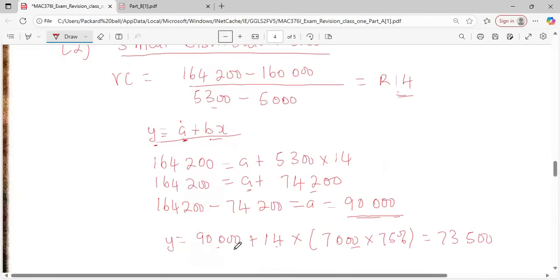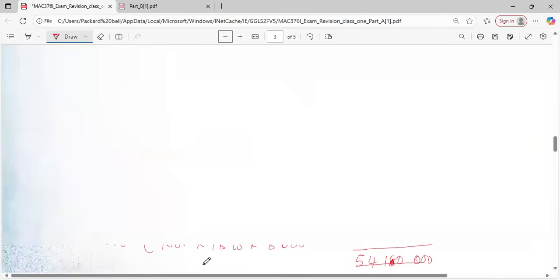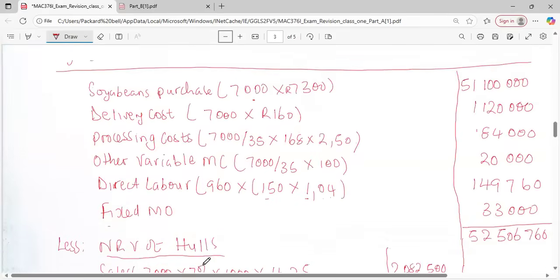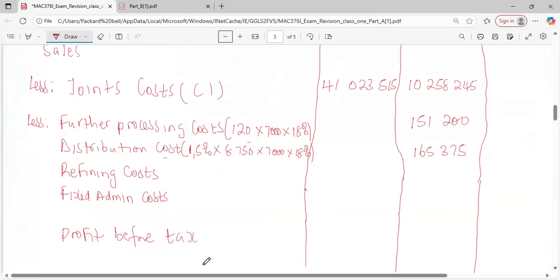Then when we add it, our total cost is now going to be 163,500. So this is going to be our total distribution cost for S meal. I don't know if there's anyone who has a question there, because sometimes you may even find it like this in your questions. So this is going to be 163,500.